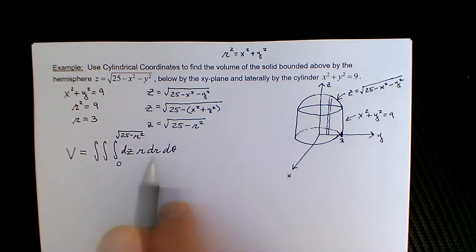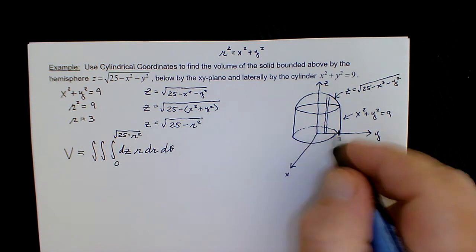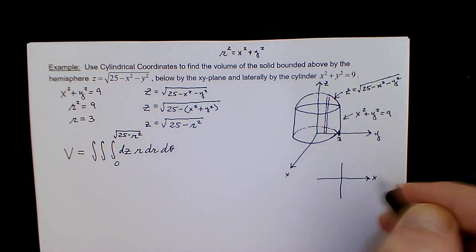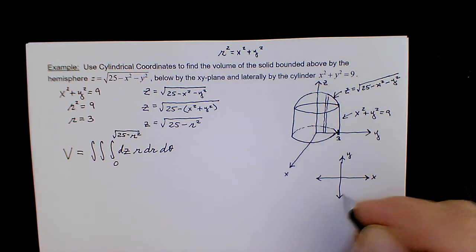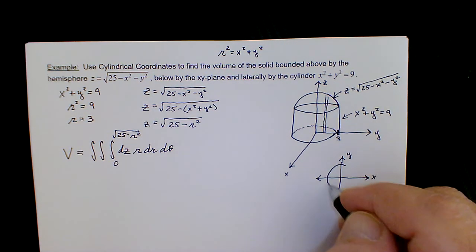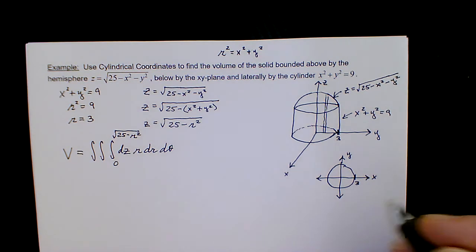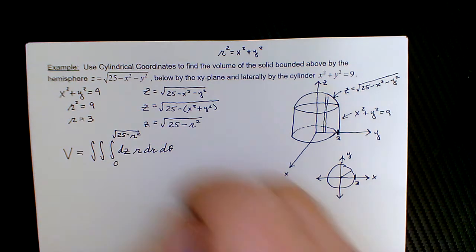And then r, you don't have to sketch it, you can see it from just looking at the base in the XY plane, but if you wanted to, make a sketch. It's basically a circle with a radius of 3 in the XY plane. So r is going to range from 0 to 3.